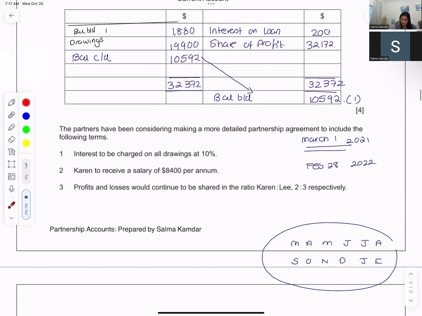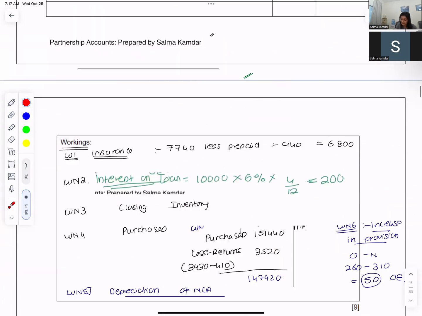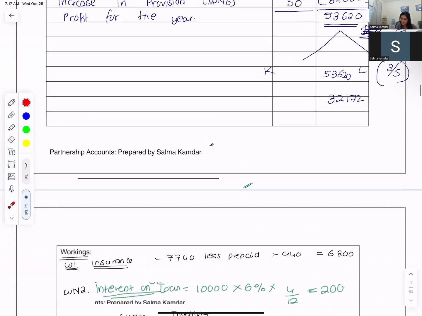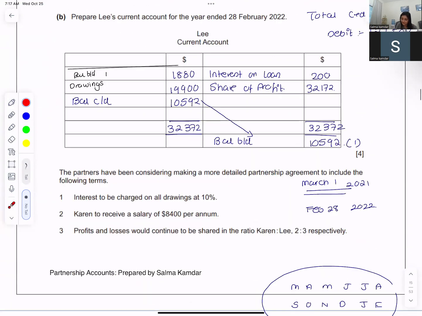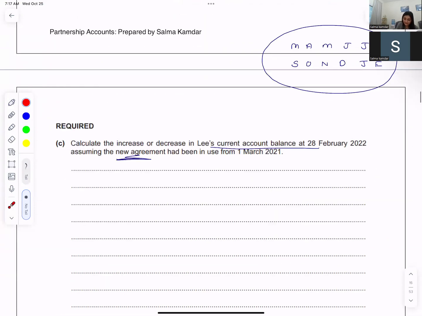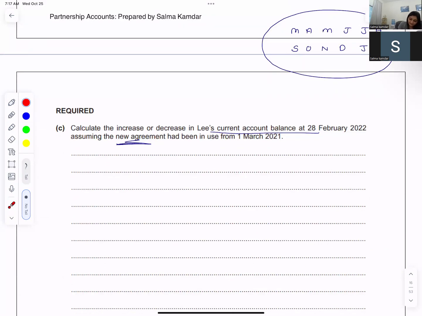So let us see what was the profit that we had before. The profit that we had before was 53,620, that is profit before appropriation.